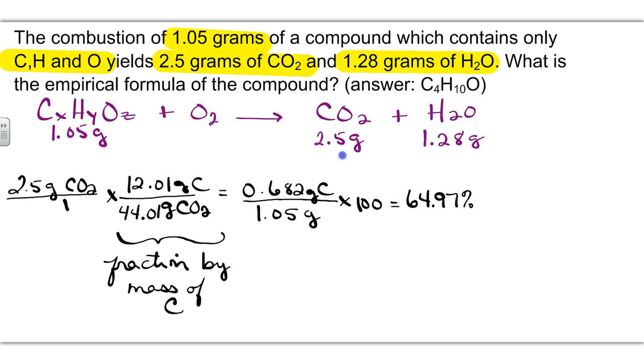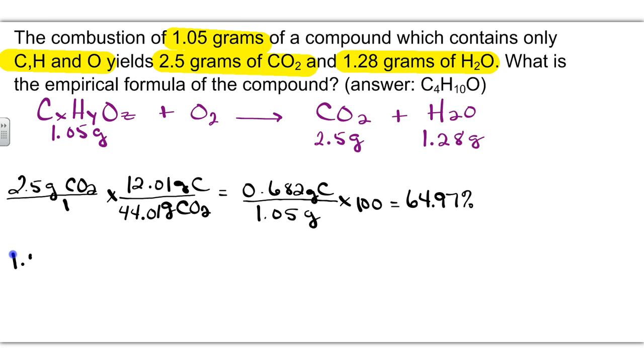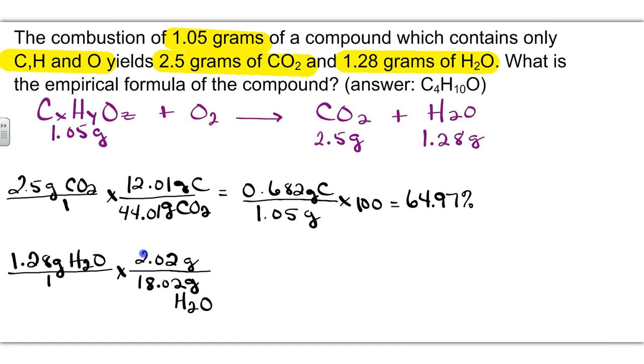Now I'm going to do the same process, but for hydrogen. So we take 1.28 grams of the water, bring down grams of water, and that's 18.02. Within the compound of water there are 2 hydrogens, which is going to equal a total mass of 2.02 grams of hydrogen in water.